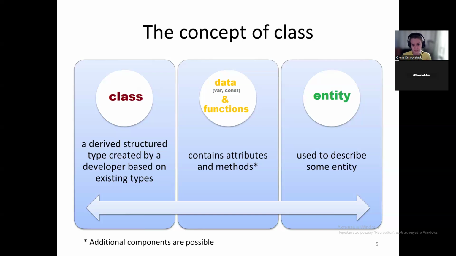Every class can contain two parts: its data and functions. Data are the variables. Every variable has its own type, maybe int or double, etc. And the second part of class is a function or several functions.